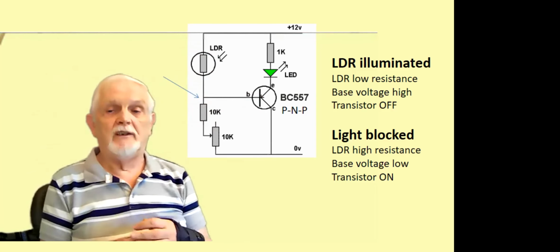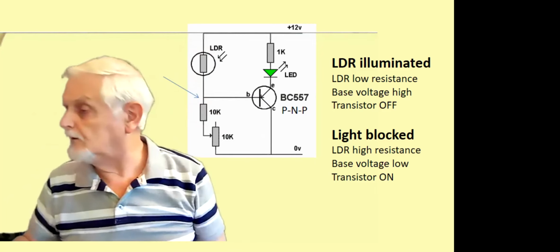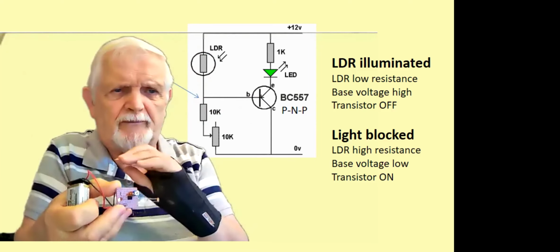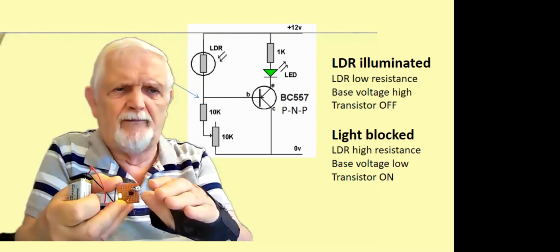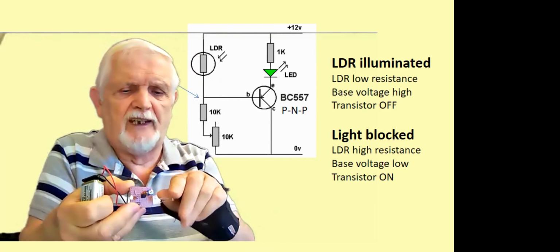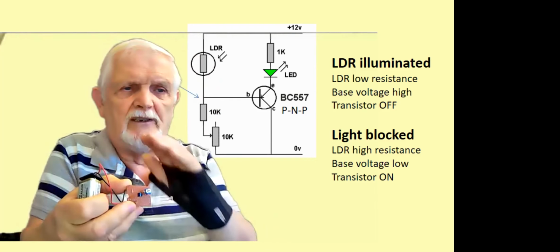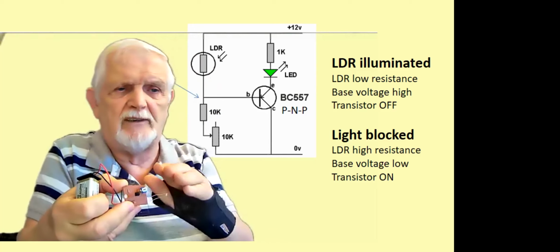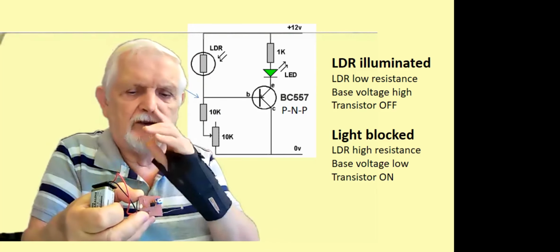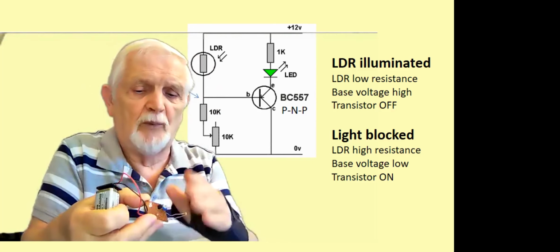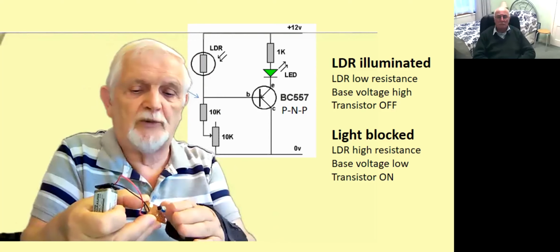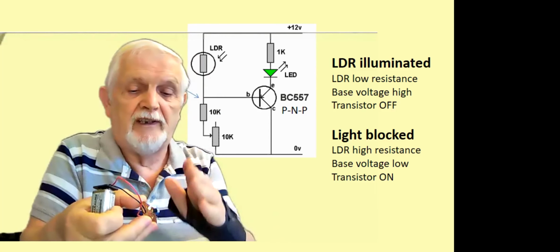You'll notice that when we do that, have I got one here? Yeah, let's see. I'm covering up this LDR, and you'll see the LED on the right changing. But what it's doing is, it's not just fully switching on and fully switching off.